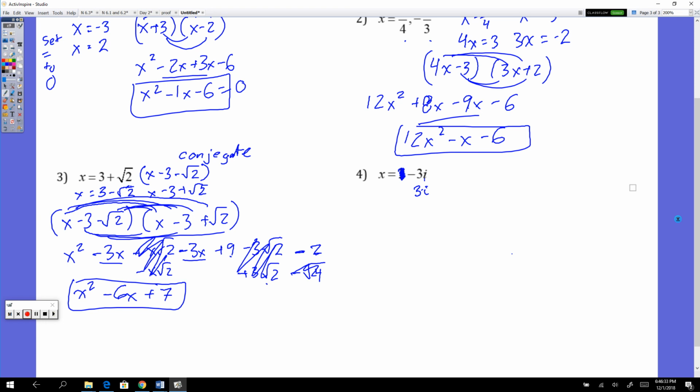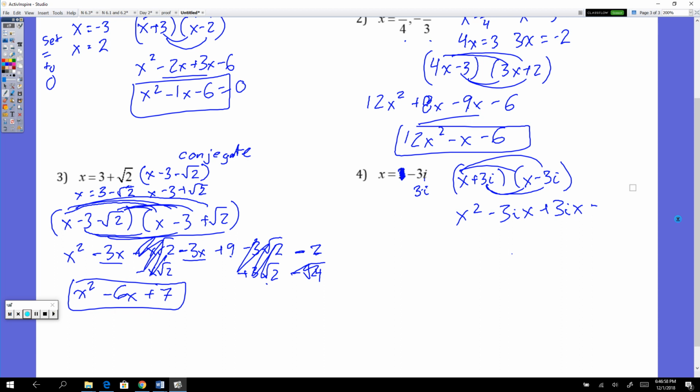And then this last one with the i's. So we're going to say x plus 3i and x minus 3i. X times x, x squared. X times negative 3i is negative 3ix, or you can say 3xi. Positive 3ix.